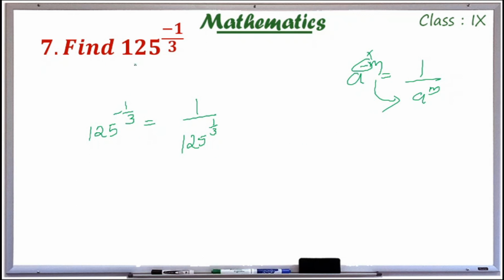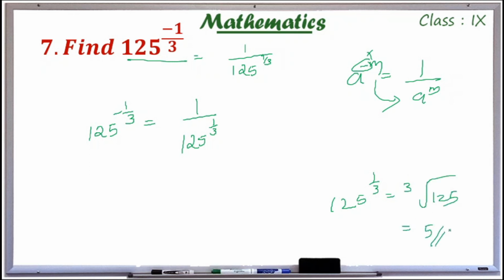So 125 raised to minus 1 by 3 is equal to 1 by 125 raised to 1 by 3. And 125 raised to 1 by 3 is equal to the third root of 125. The third root of 125 is 5, since 5 into 5 into 5 is equal to 125. So I get the answer 1 by 5.